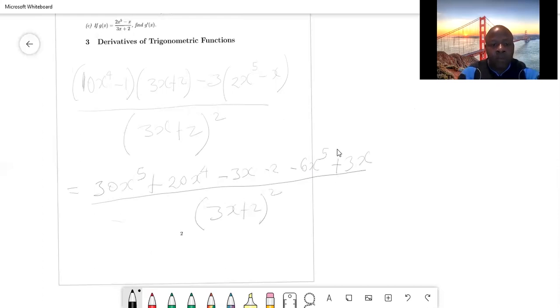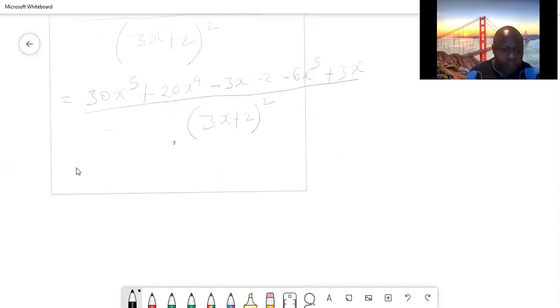So simplify the numerator. This will give us 24 x raised to 5. We are done with this. And this will give us 20 x raised to 4.